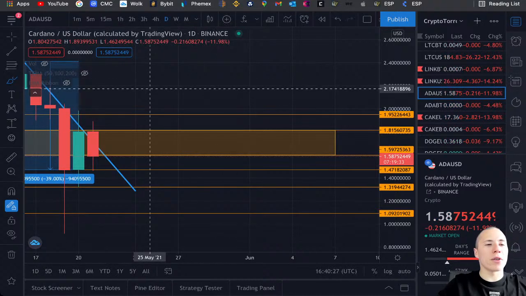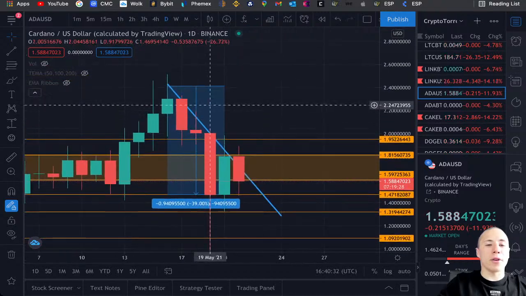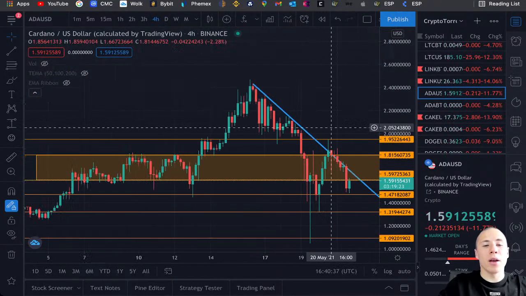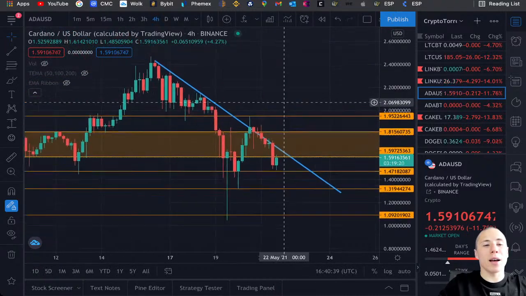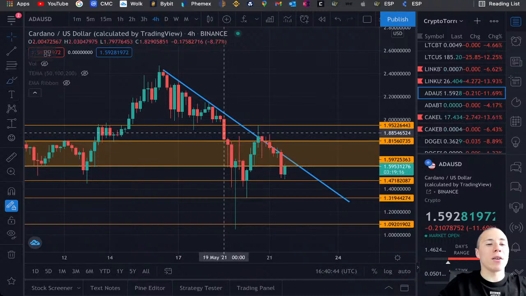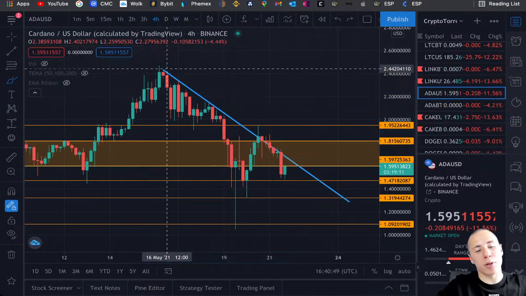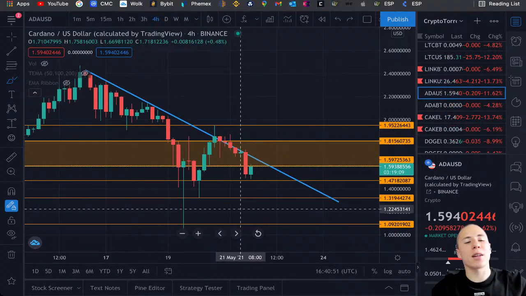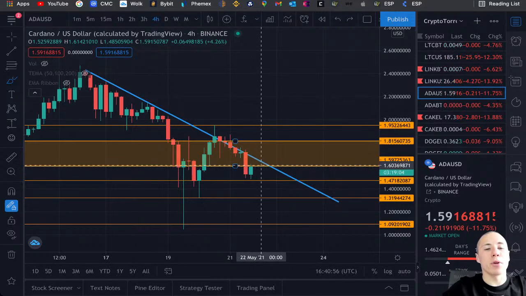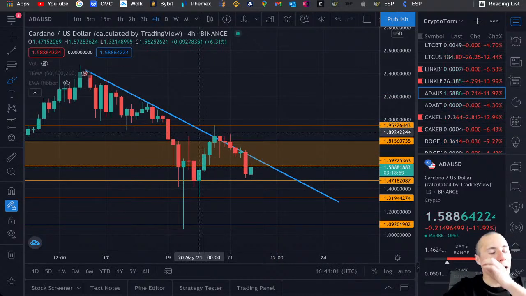What I'm seeing over here right away is that I have already drawn a few things on the Cardano chart, and if we take a look at the 4-hourly time frame, we are seeing that Cardano has been rejected multiple times by this downward sloping resistance line and also the trend line towards the downside. We are seeing multiple touch points here, and what I'm personally waiting for is Cardano to break above this downward sloping resistance line, finding support on top of it, and after that a move towards the upside will be inevitable, if you ask me.